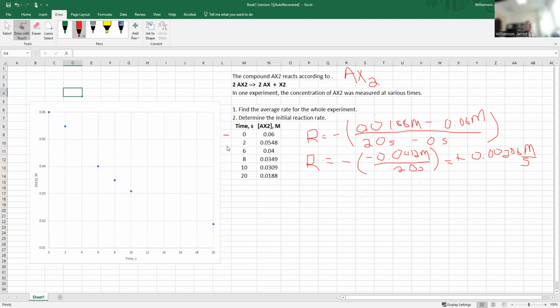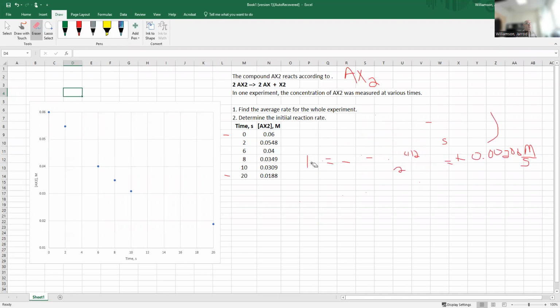So from here to here. Okay, that's how you do that. Now I'm going to erase this because I need the space. All right. That's how you do the first part.